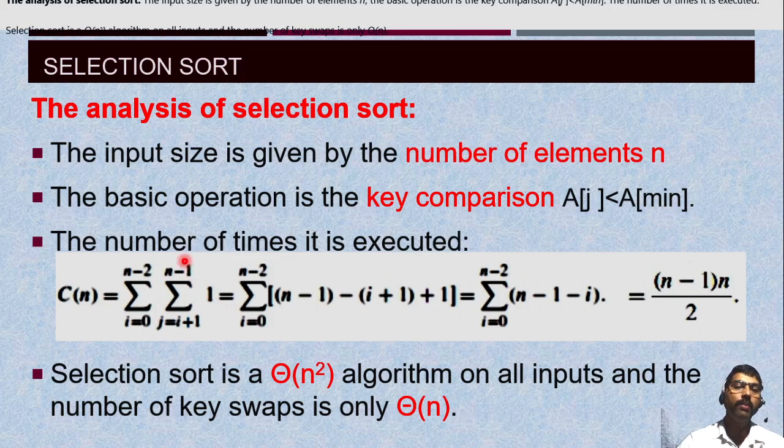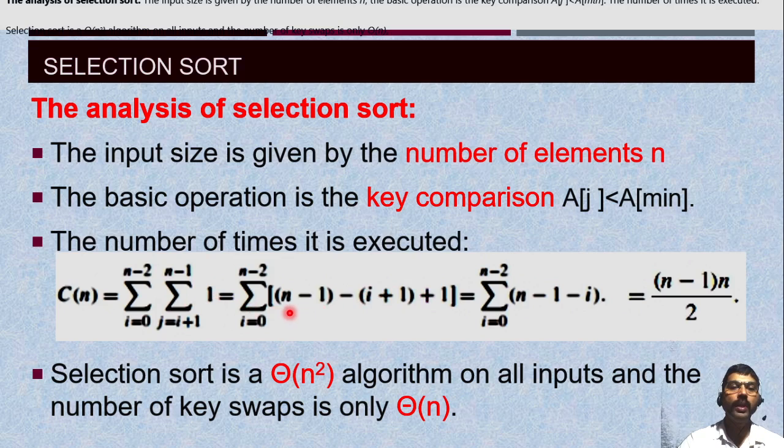When you simplify or substitute this summation formula, we get sigma i equal to 0 to n minus 2, and inside, n minus 1 minus i plus 1, plus this 1.